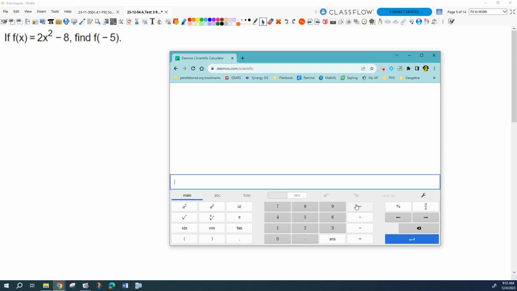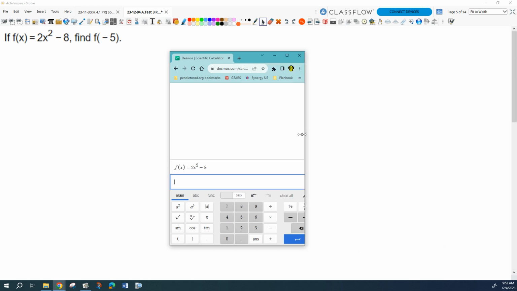What do? Yeah, enter the function f of x equals 2x squared minus 8, and then what do? Yeah, just evaluate, right?